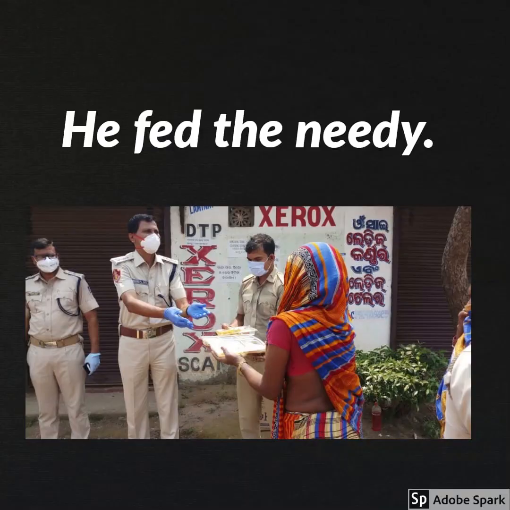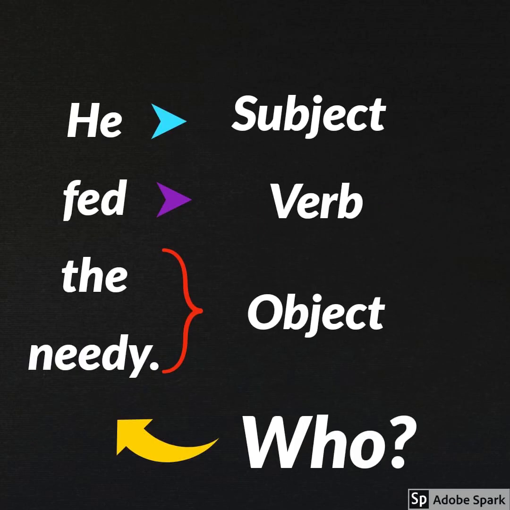So here in this sentence, there is a need for an object to get the sense completed. So the verb kicked here is a transitive verb. And let me give you one more example. He fed the needy. He is the subject.